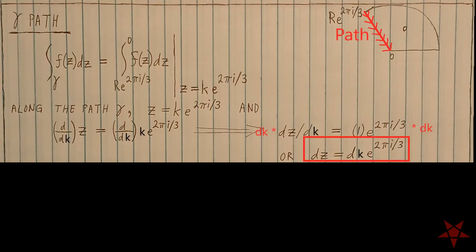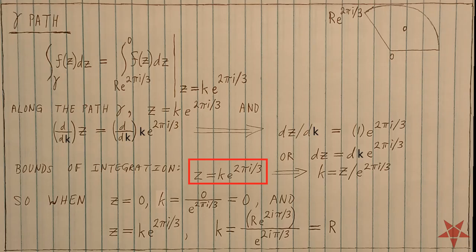If we take the formula for the first derivative and multiply both sides by dk, then we have a representation for dz in terms of the variable k. Taking the aforementioned formula for z in terms of k and dividing both sides by e to the power of 2i pi over 3 gives us a formula for the variable k in terms of z.